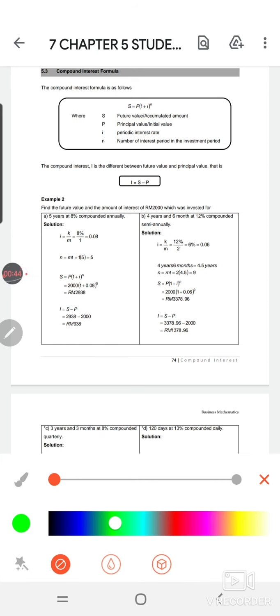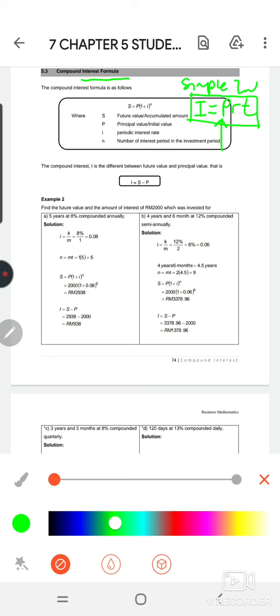Okay, for the compound interest formula, first, for simple interest, we know that you can use the formula I equals PRT. Why for compound interest can we not use this formula? Because P, like we said earlier, does not change for simple interest.